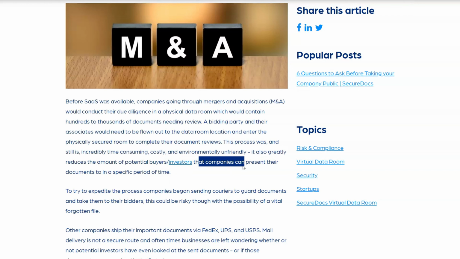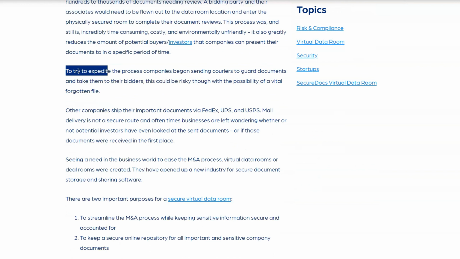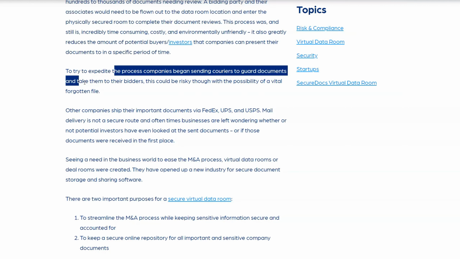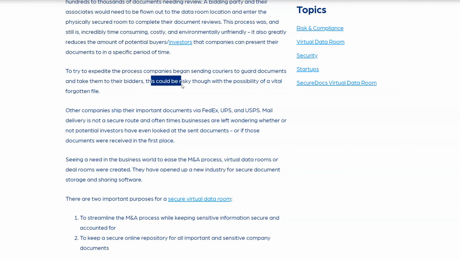Investors that companies can present documents to in a specified period of time are limited. To try to speed up the process, companies began sending couriers to guard documents and take them to their bidders. This could be risky, with the possibility of a courier forgetting files.